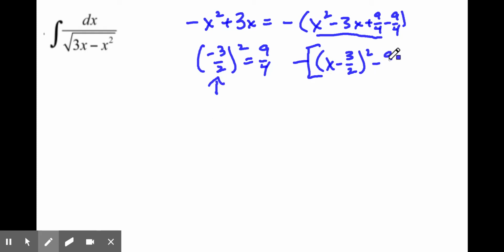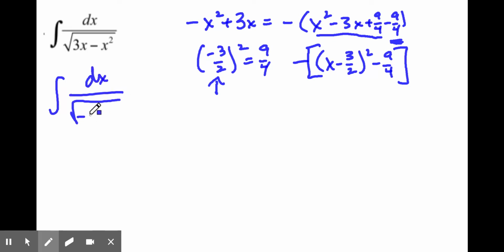And then we still have the minus 9/4 that's not needed for the factoring. Remember, this is going back in the radical, so this is now the integral of dx over radical negative the quantity x minus 3/2 squared minus 9/4.